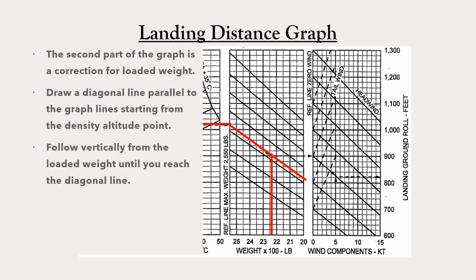Then we'll find our loaded weight along the bottom and draw a vertical line along that until we intersect that diagonal line that we just drew. And then we'll follow horizontally from that intersection point over to the third part of the graph.